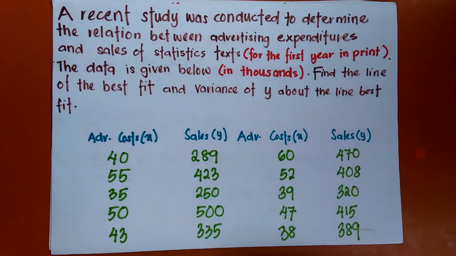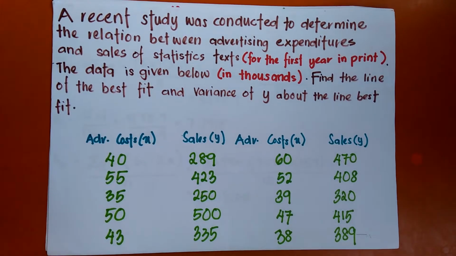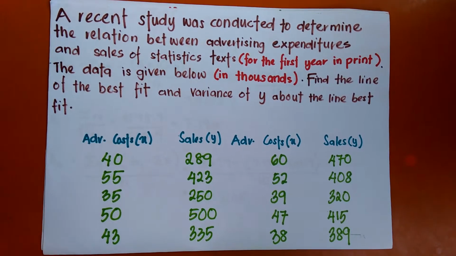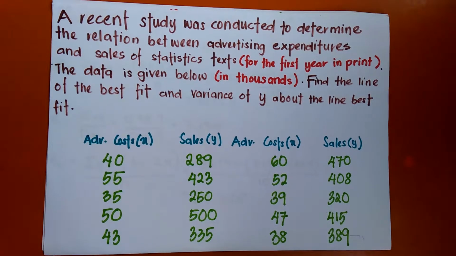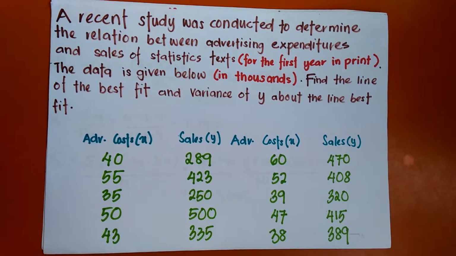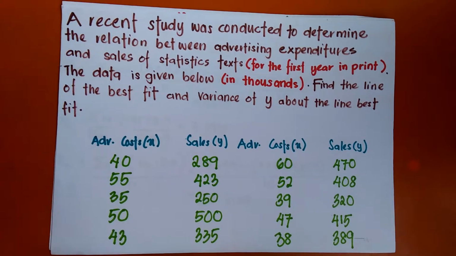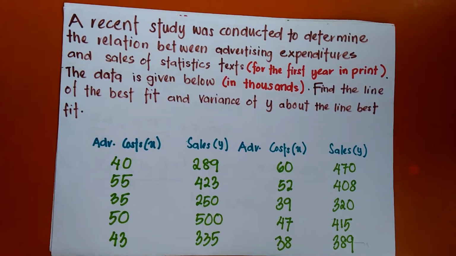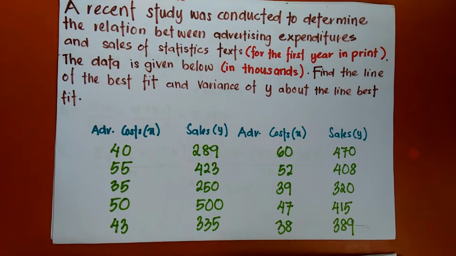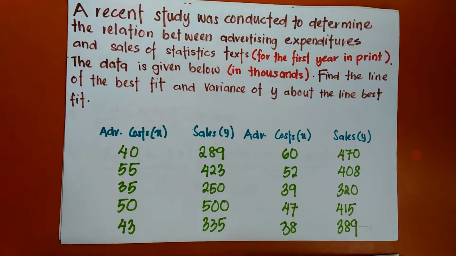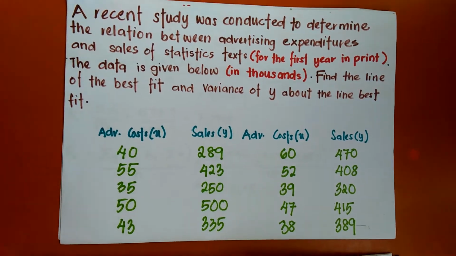So let's take a look at the example. A recent study was conducted to determine the relation between advertising expenditures and sales of statistics texts. The data is given below. Find the line of best fit and the variance of y about the line of best fit.